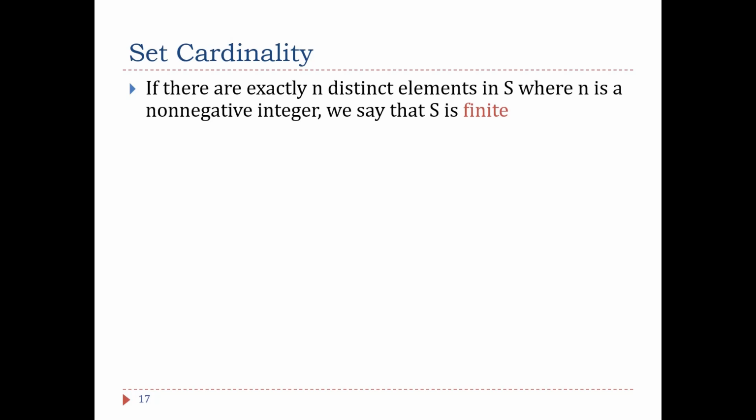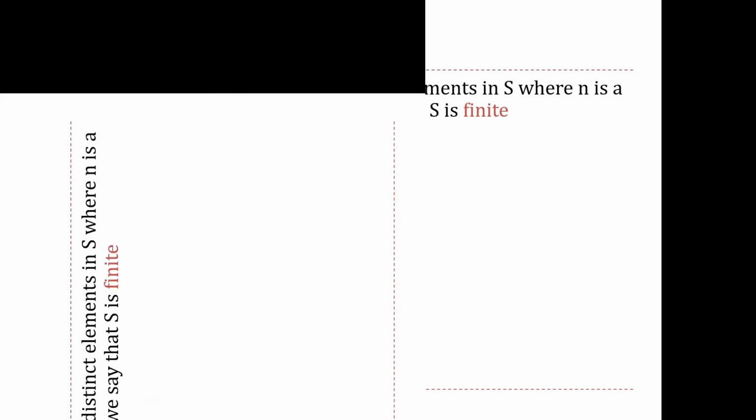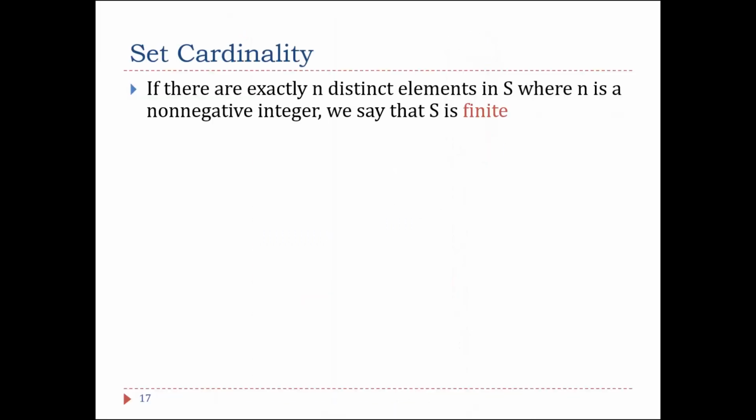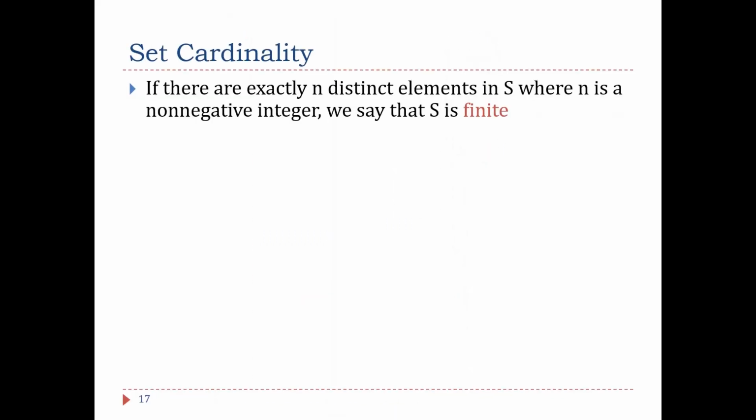One last notion about sets that we want to mention in today's lecture is set cardinality, or the size of sets. If there are exactly n distinct elements in S, where n is a non-negative integer, then we say that S is finite.